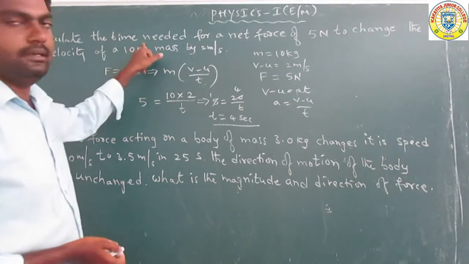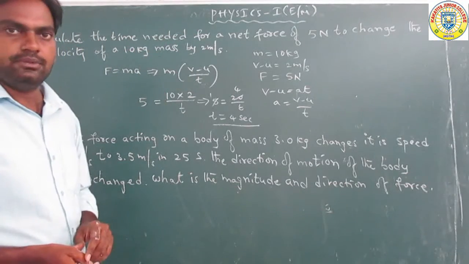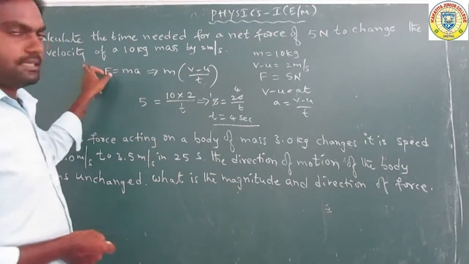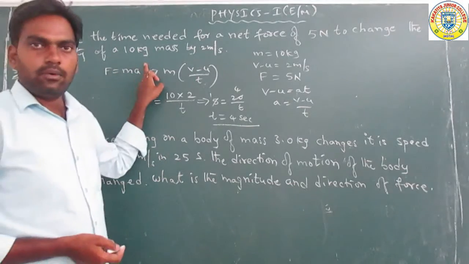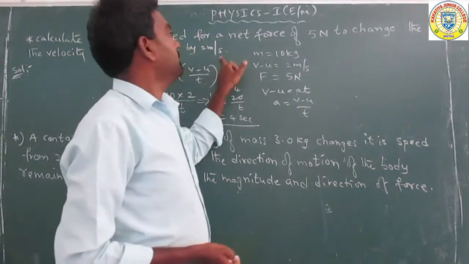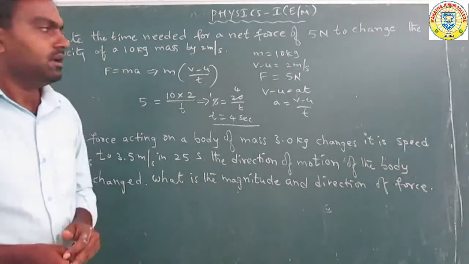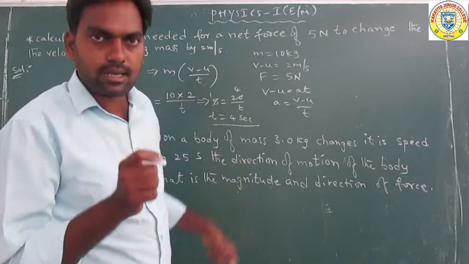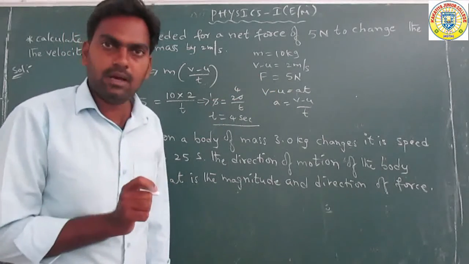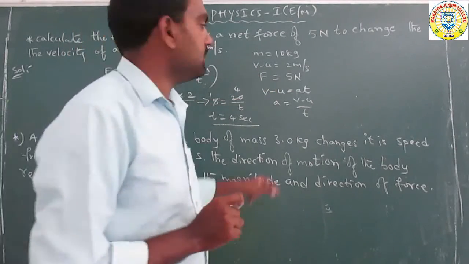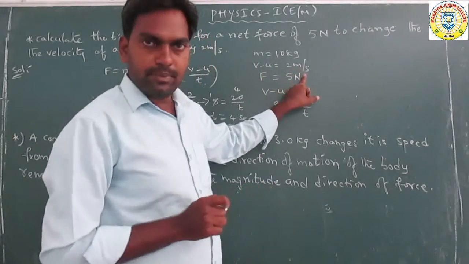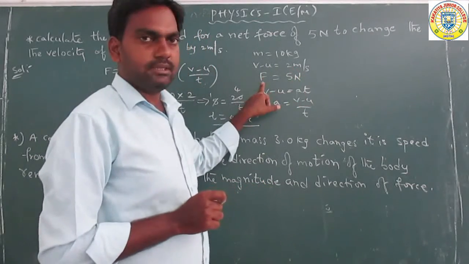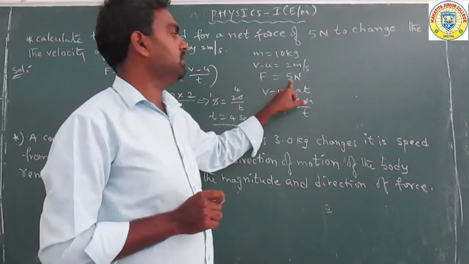So the time needed for a net force of 5 newtons to change the velocity of a 10 kg body by 2 meters per second: the change in velocity is final velocity minus initial velocity, so v - u = 2 m/s, and the net force F is 5 newtons.